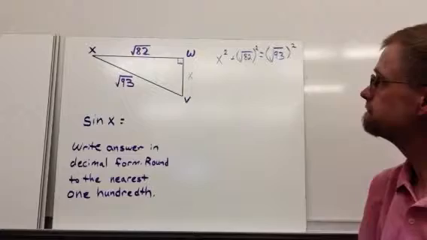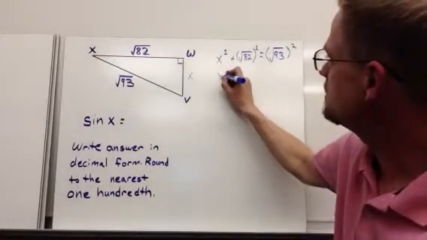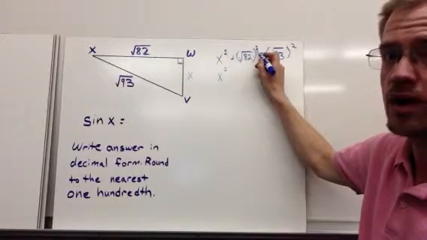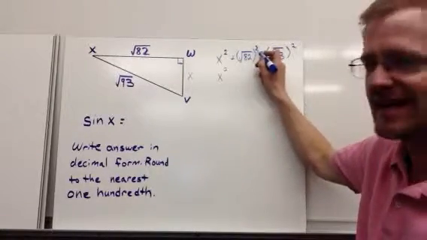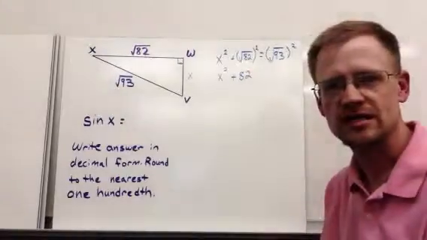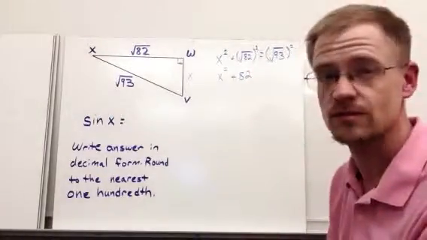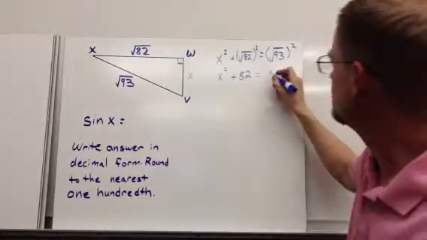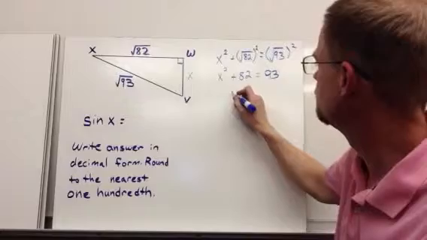Well, this actually simplifies really easy because if we do the square root of 82 squared, these just basically cancel out and we're just left with 82. You can double check that in your calculator if you want, but that is the way it always works. Equals, this will cancel out as well and give us 93.